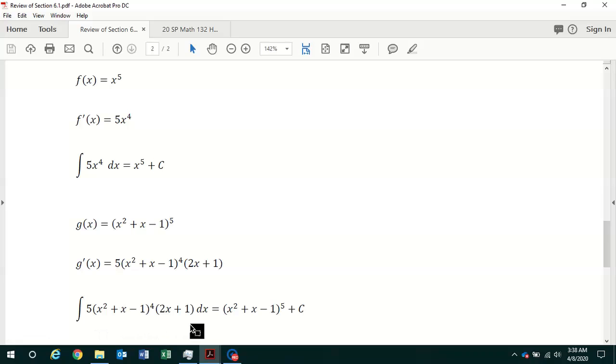That antiderivative is equal to g of x, x squared plus x minus 1 to the 5th, plus an unknown constant c, because the derivative of a constant is always 0. We need more information before we know what the exact value of c is. Well, it's not obvious that this antiderivative is equal to x squared plus x minus 1 to the 5th plus c. In this section 6.2, we're going to learn how to find the antiderivative of functions like this.